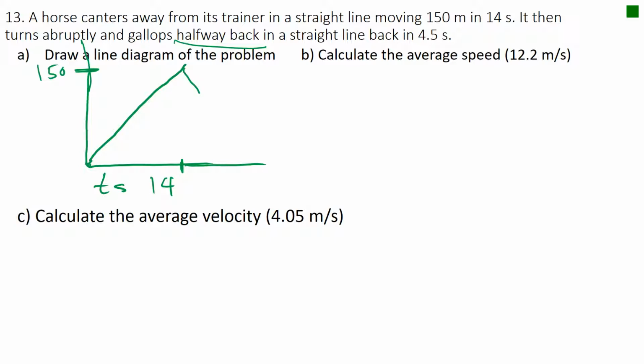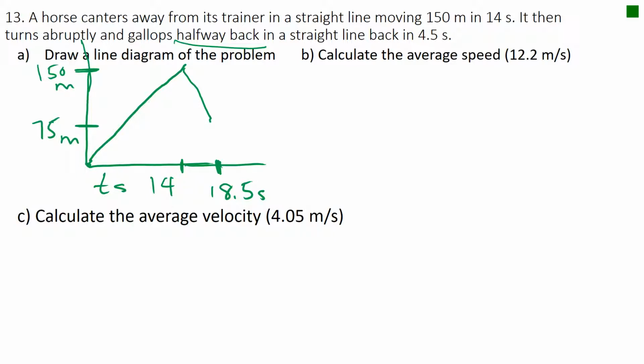So this is going to be halfway back, and that time is 4.5 seconds. So 14 plus 4.5, this gives me right here 18.5 seconds. And I know that this position is halfway between 150 and 0. So that's going to be 75. And that's in meters.